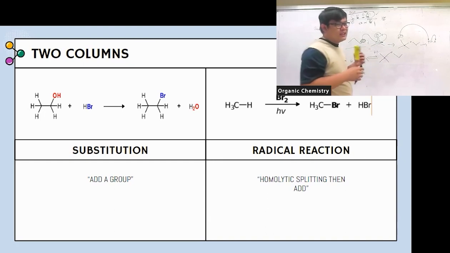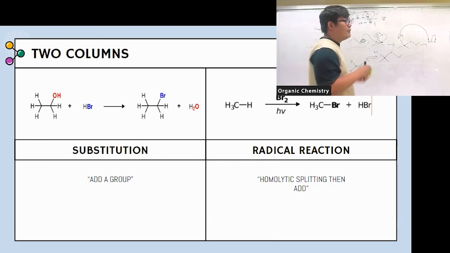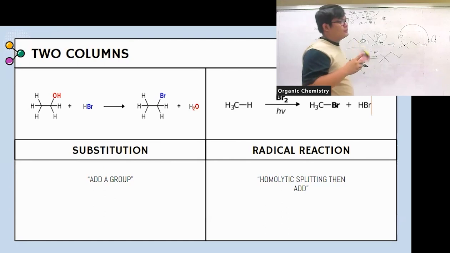Rather, sinusuplayan natin siya ng photons or yung light energy natin para ma-break homolytically yung mga bonds natin. Okay? So if that's the case, radical reactions actually can be used to substitute or add yung mga ibang mga compounds sa ibang reactions. But again, they are quite dangerous to do.